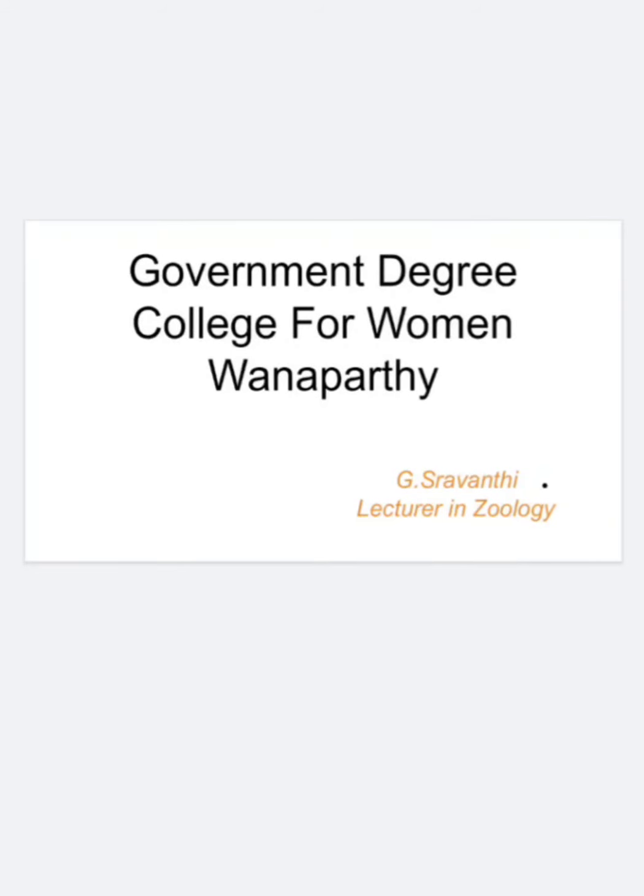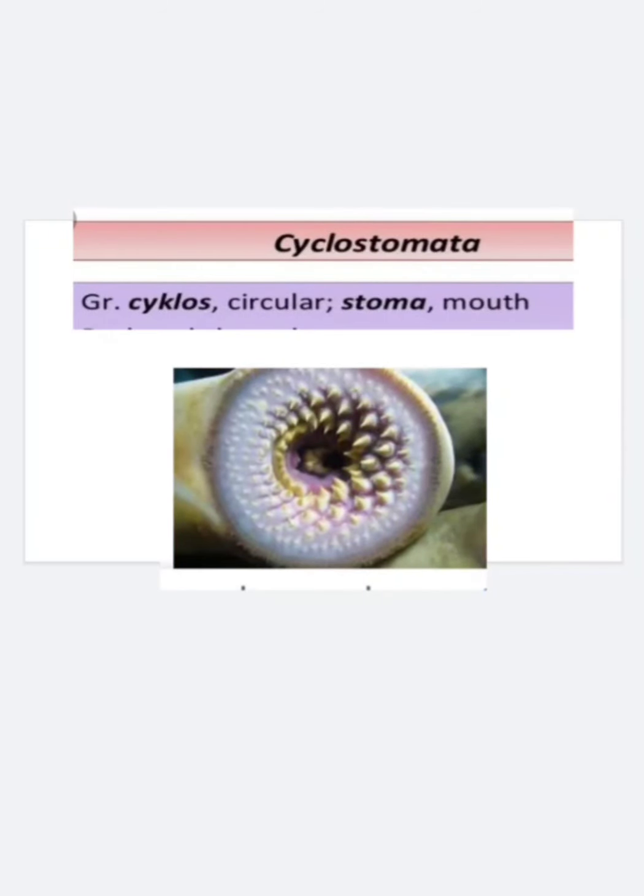Today, in this video, I am going to discuss the general characters of Cyclostomata. These cyclostomes belong to the phylum Chordata and the subphylum Vertebrata. The phylum Chordata can be divided into three subphyla, namely Urochordata, Cephalochordata and Vertebrata.